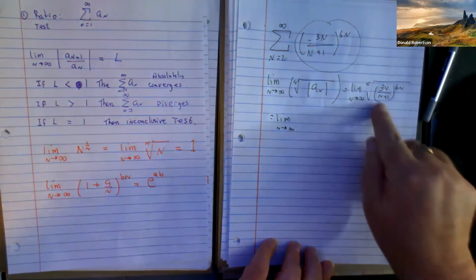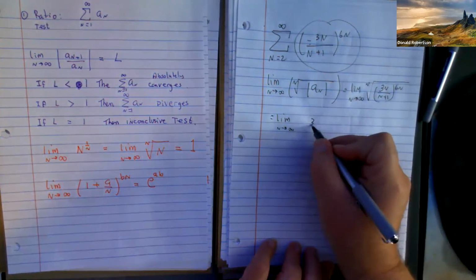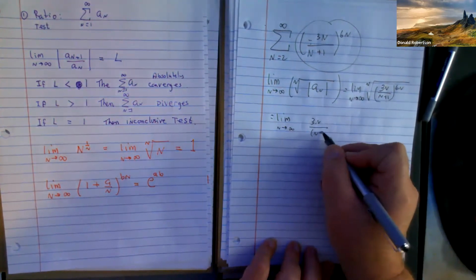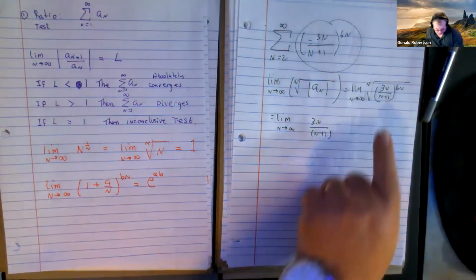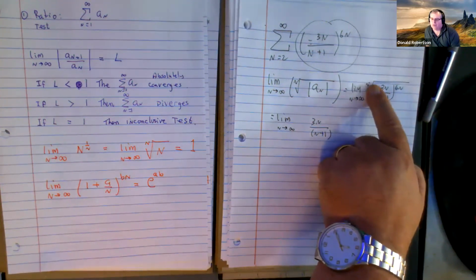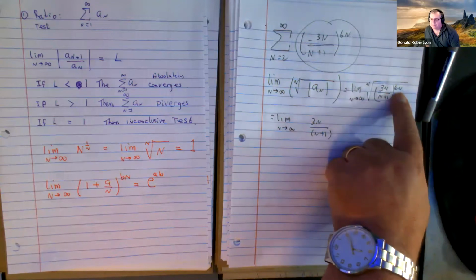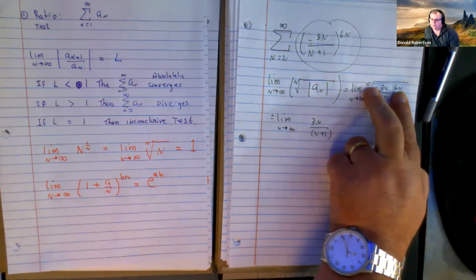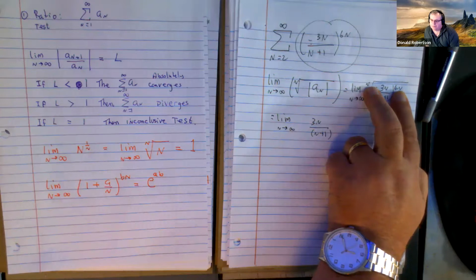What will happen to the 3n over n plus 1 when you take the nth root of the 6nth power? How will these two interact? The nth root of the power 6n.